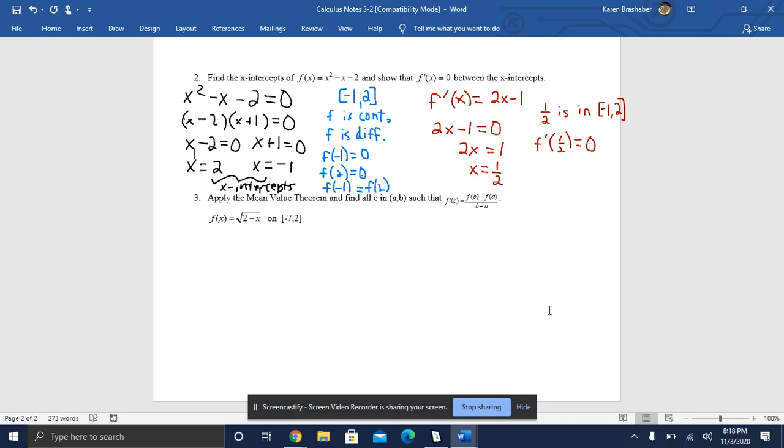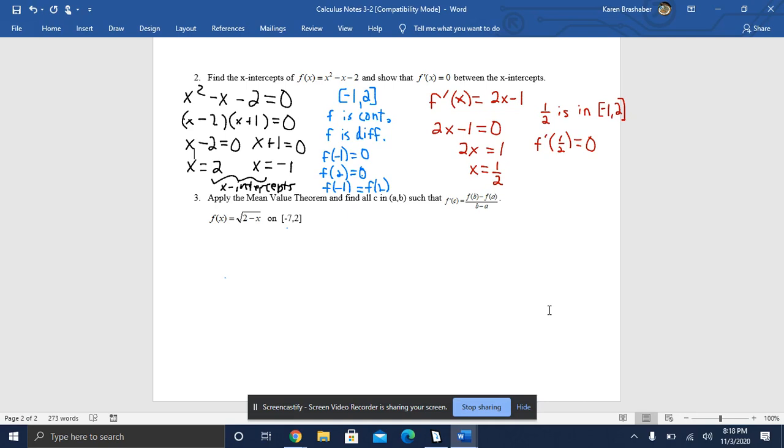All right, and then my final example is about the mean value theorem. On the mean value theorem, it says that you have to have continuity and differentiability. So I have a square root function for us to look at. We're on the interval from -7 to 2.